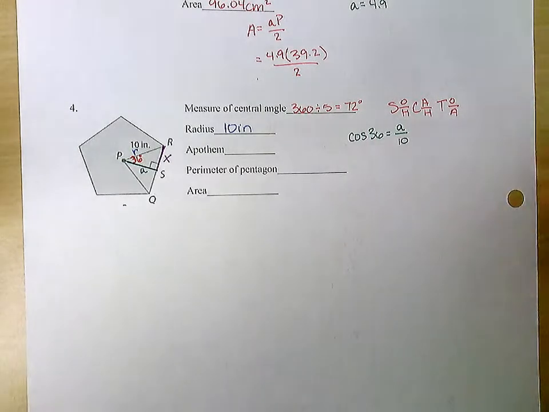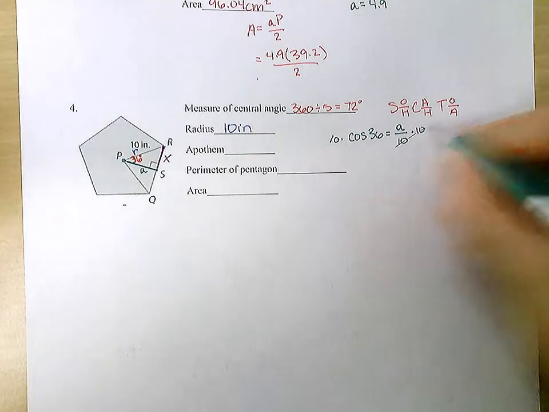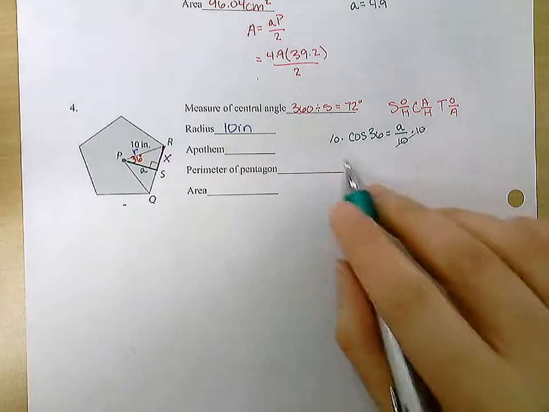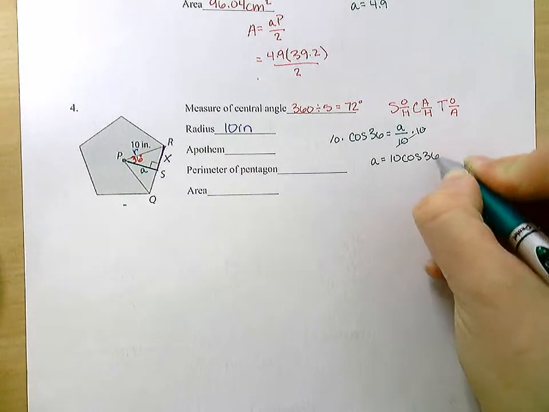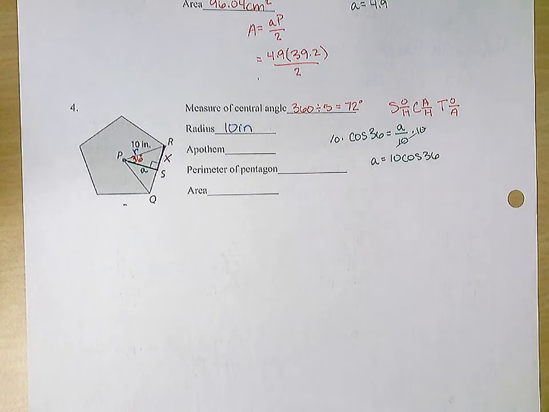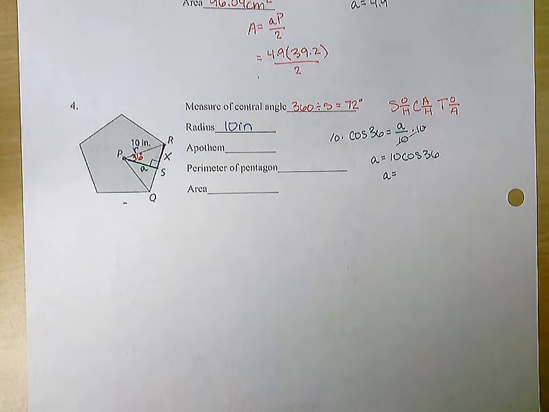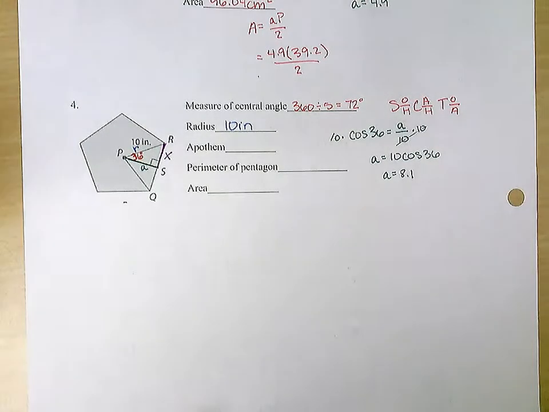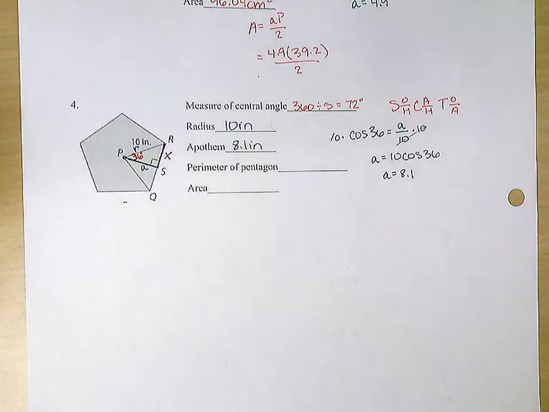To get A by itself, we need to multiply by whatever's in the denominator so that it cancels out. So our apothem will be equal to 10 times the cosine of 36. Again, you can just enter that into your calculator. And I got about 8.1. So that's finding the apothem.